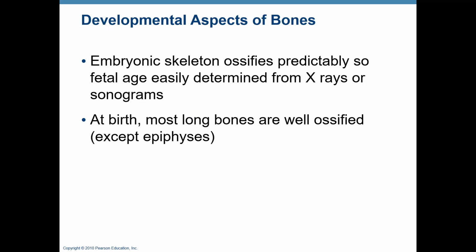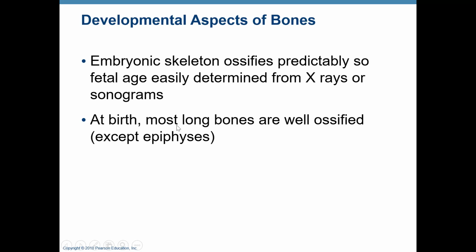When developing as an embryo, you'll start replacing hyaline cartilage with bone. So at certain stages, if you took an X-ray or sonogram, you can also determine the age of the development due to the hardening of the bone at what stage you're at. And at birth, pretty much they resemble adults.